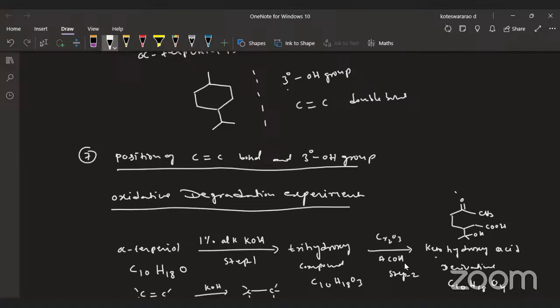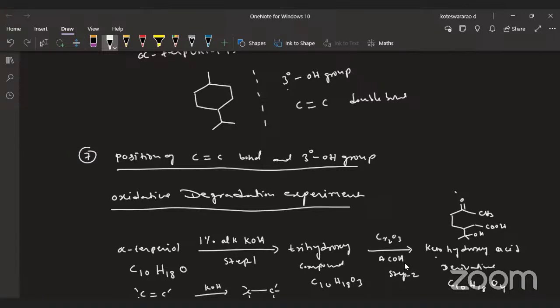Now, where is it coming from? It is coming from the trihydroxy acid. So, the trihydroxy compound generates it. Look here. There is a junction point between this carboxylic acid and this keto group. How is it generated?